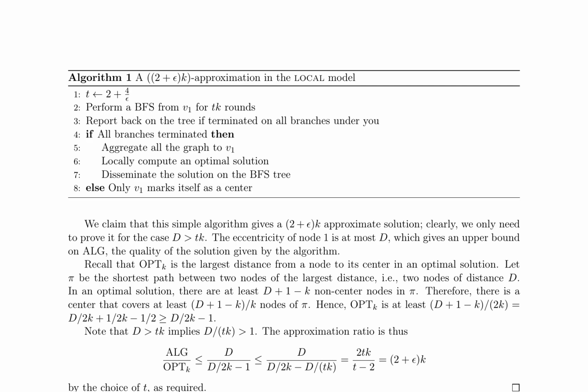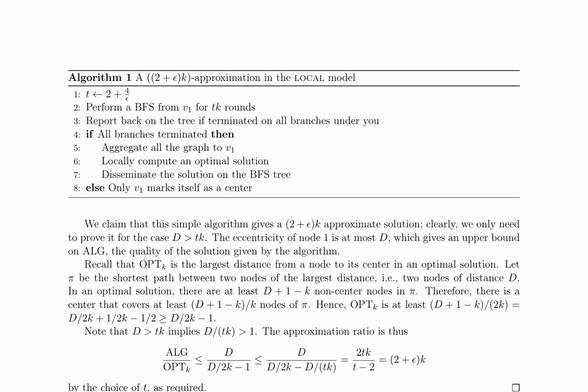The proposed algorithm initiates with an initial value of t = 2 + 4/ε and performs a breadth-first search from node v1 for tk rounds. If all branches terminate within these rounds, the algorithm aggregates the graph to v1, computes an optimal solution locally, and disseminates this solution on the BFS tree. Otherwise, only v1 marks itself as a center.